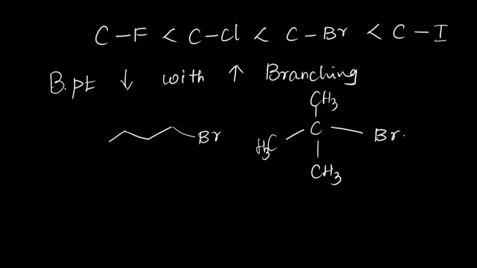Methyl groups are attached as branching, so it will have a lower boiling point than the straight chain. The boiling point of straight-chain bromobutane is 375 K, and the branched one is 346 K. This proves that as the branching increases, the boiling point decreases.